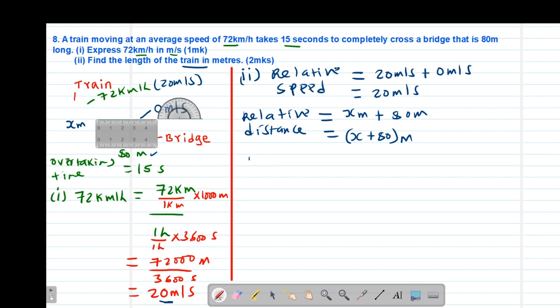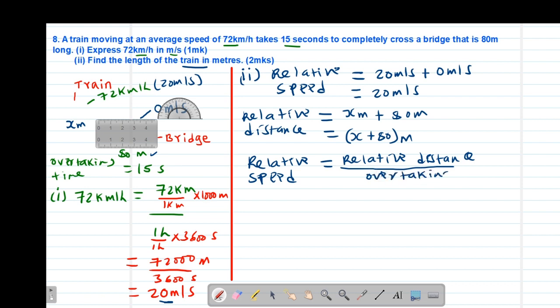But we know that speed is distance over time, therefore relative speed is given by relative distance divided by overtaking time.